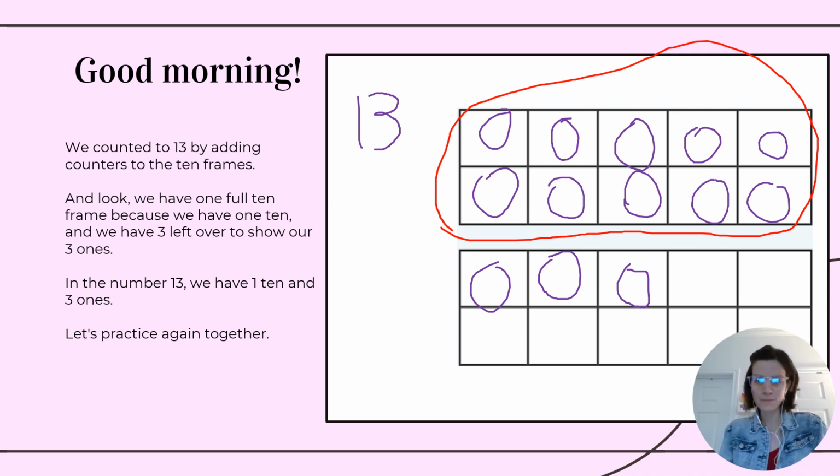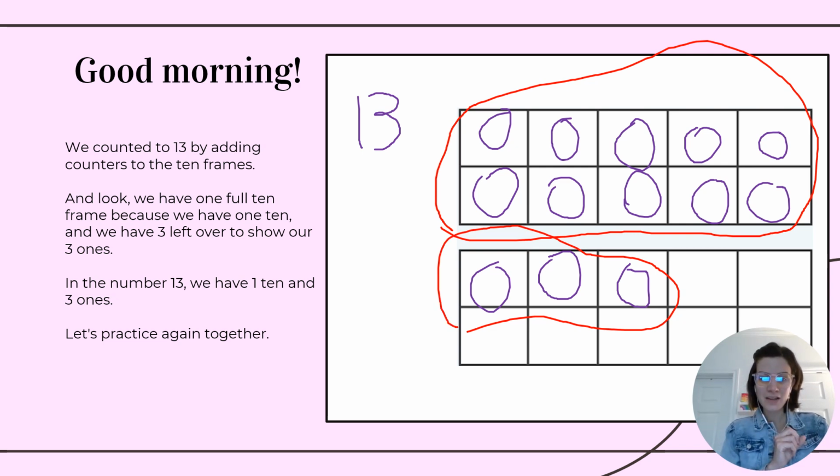It's completely full. And then I have 3 left over on my second 10 frame, or 3 ones. We have one full 10 at the top, and then we have 3 counters left over on my second 10 frame to show our 3 ones.